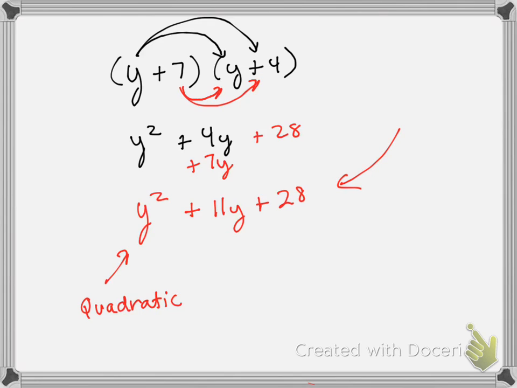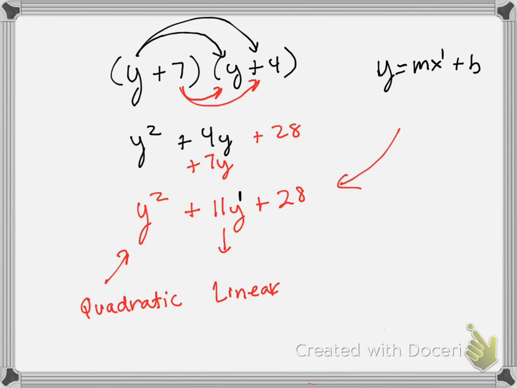Okay, so the first term is a quadratic term. What do we call the second term? Who remembers? Yes, it's a linear term. A linear term is when it is to the first power, right? Remember, we'd have like y equals mx plus b, where x was to the first power.